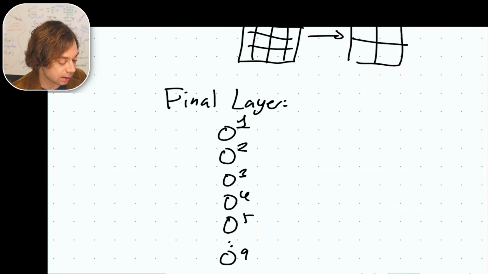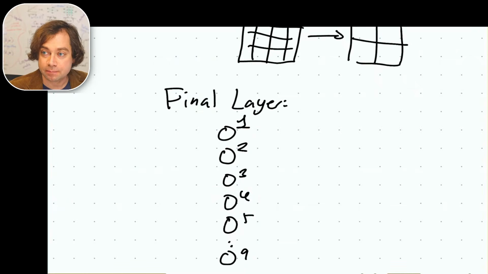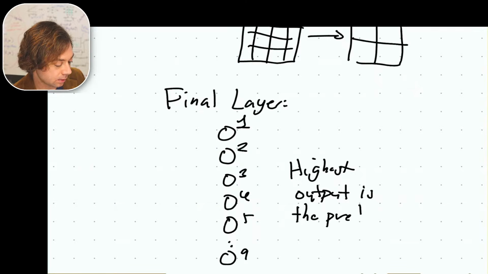So if the output 4 has the highest activation value, then the answer is 4. That image that went in is the number 4. If the highest value is the one associated with the 2 output, the output's number 2. So the highest output is the predicted number. Classification.